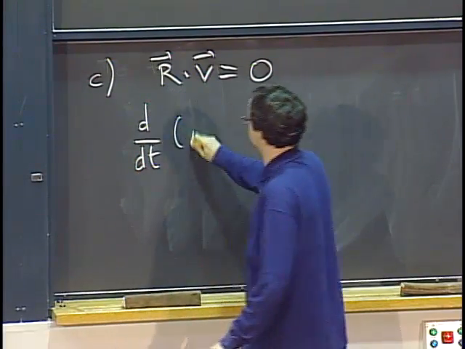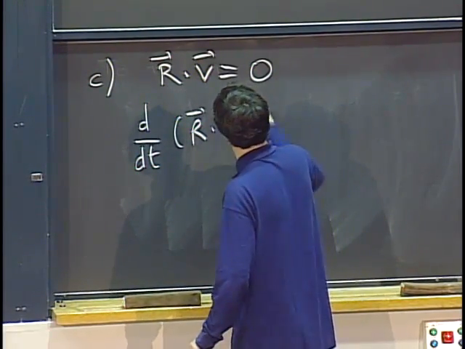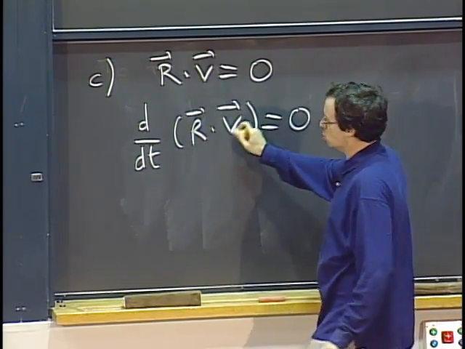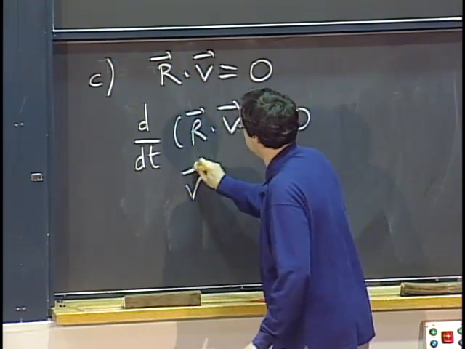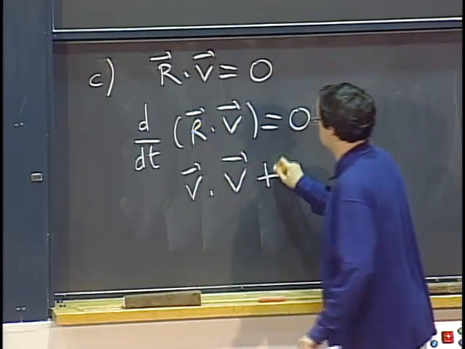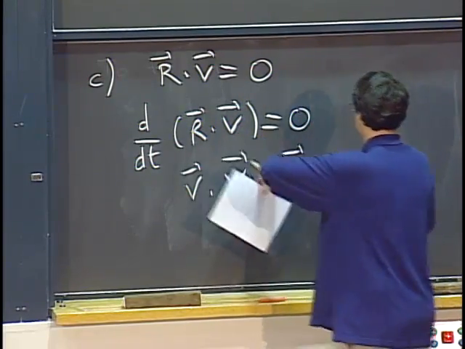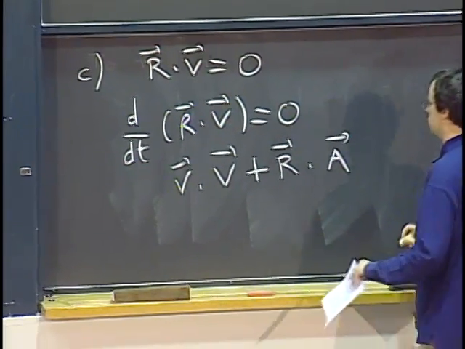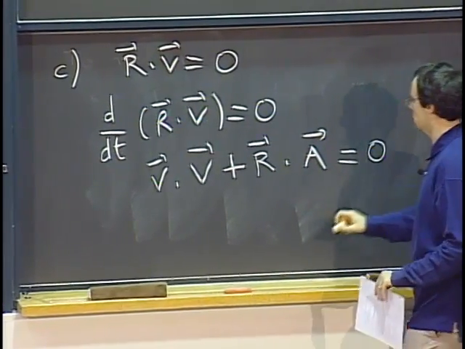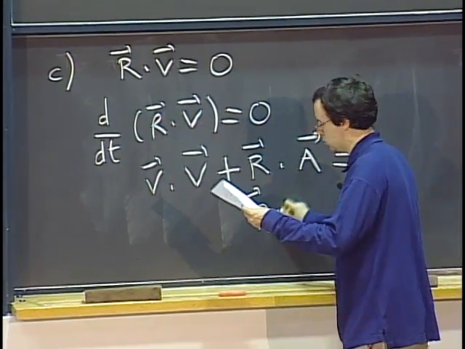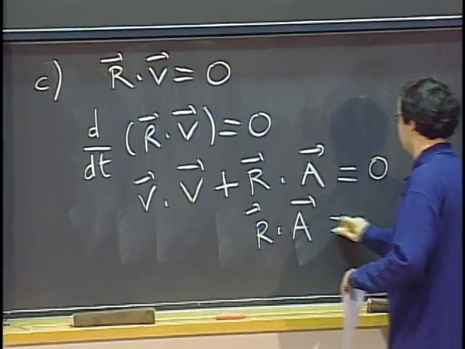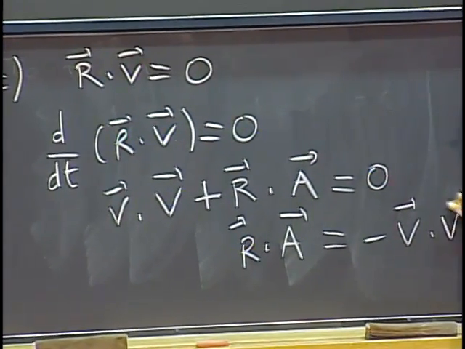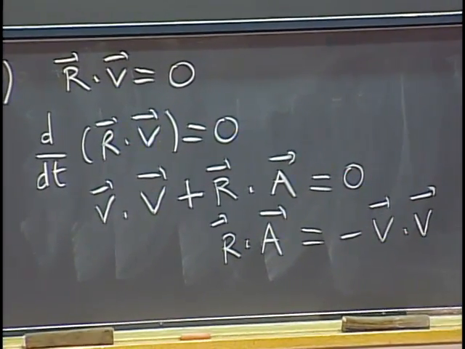That's still 0. But now using the product rule, dr/dt is v, so we get v dot v plus r dot dv/dt equals 0. So you're asked about r dot a, and that is equal to minus v dot v. And that's it.